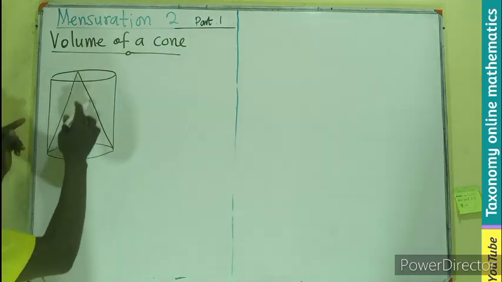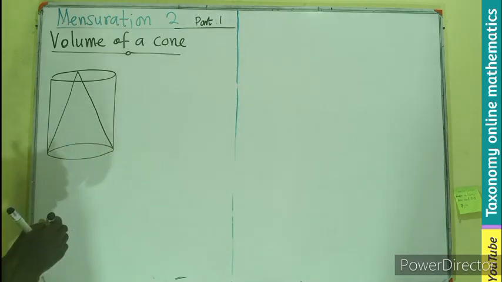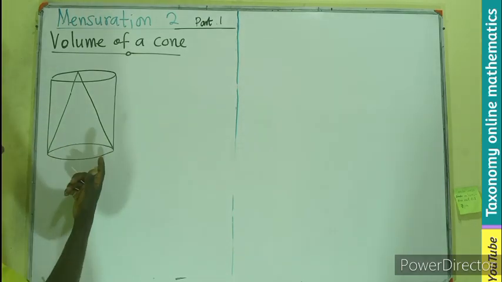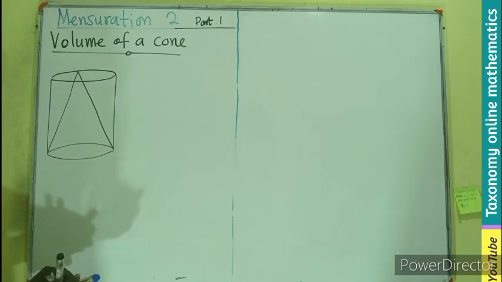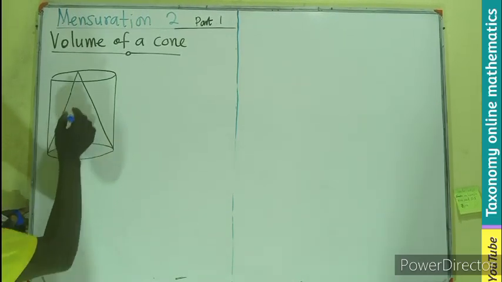With the same diameter, you see that the cone is fitting at the base, which is the circular part of the cylinder, directly. If you check carefully, we can see from here that the base here is forming a cone, right? This is one cone.